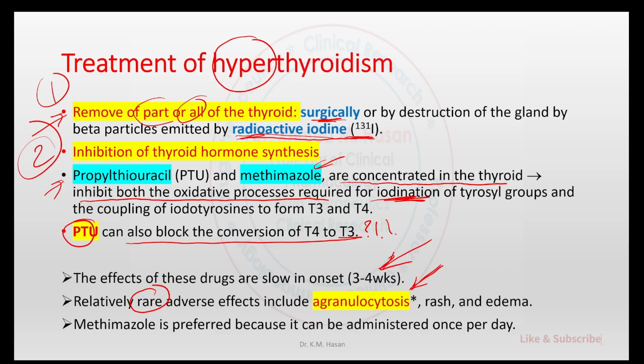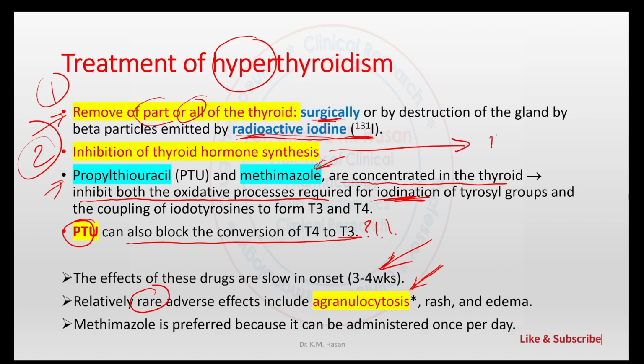Okay, now someone may ask, what are the differences between propylthiouracil and methimazole? So you can see here both of them inhibit synthesis of thyroid hormone.